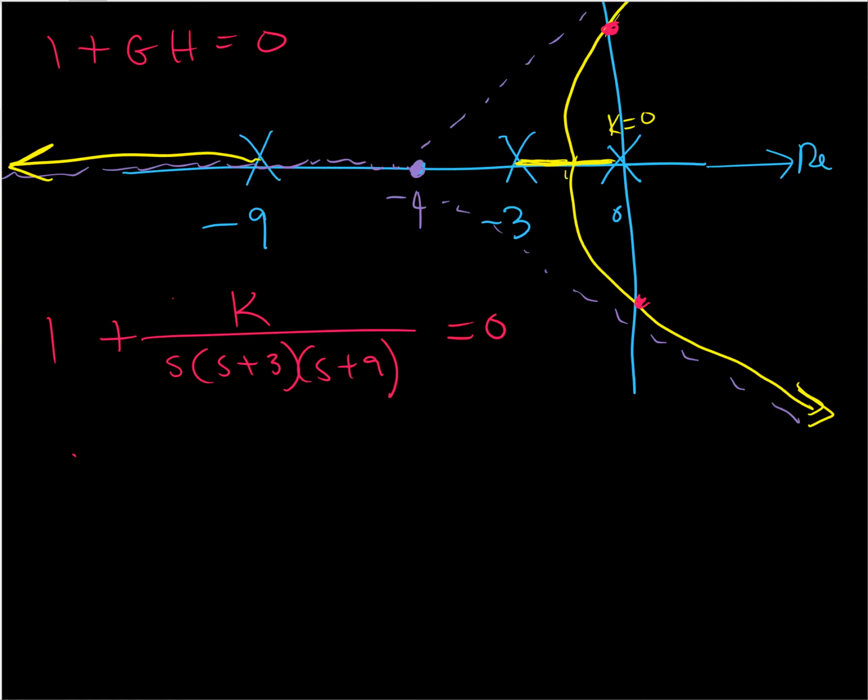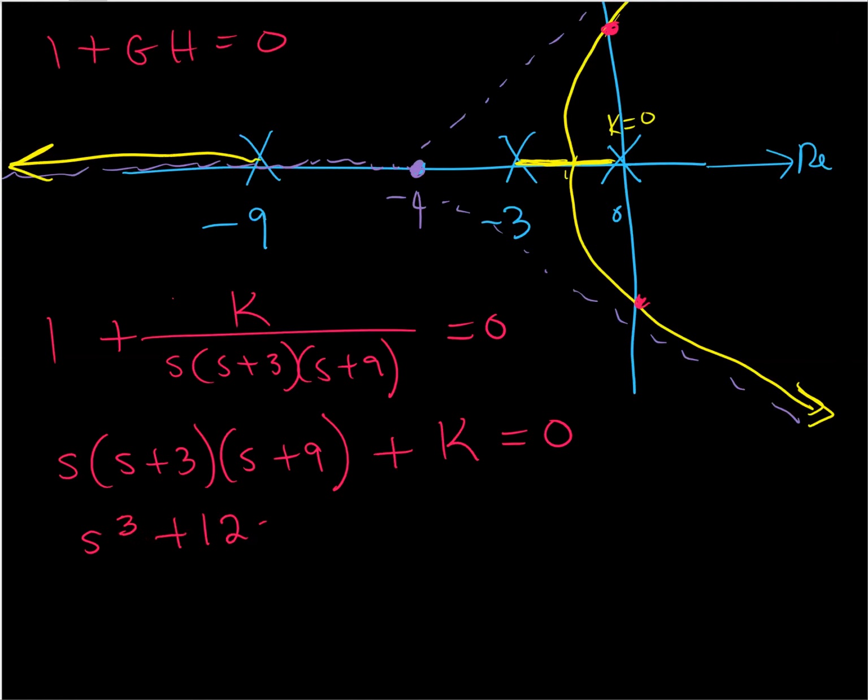I will multiply both sides by the denominator so that I can get rid of the fraction in the equation. And then I'm multiplying through on this. So this is going to give me s cubed plus 12s squared plus 27s and still plus k equal to 0.